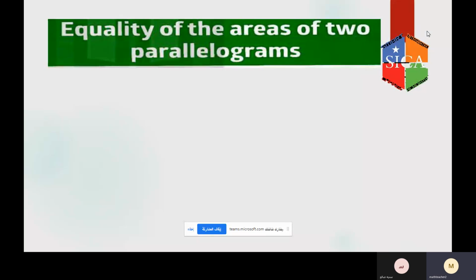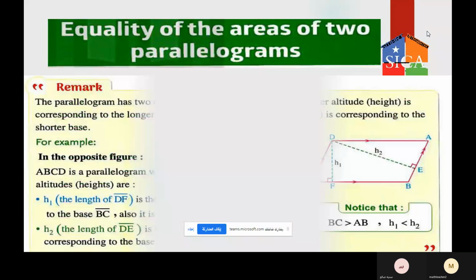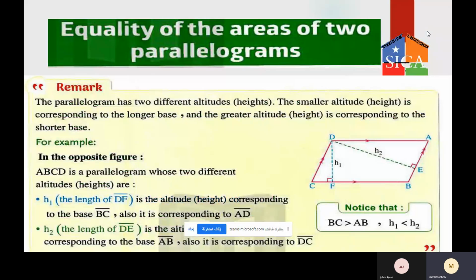When the areas of two parallelograms are equal. Two parallelograms are equal in area when they have the same base and the same height.